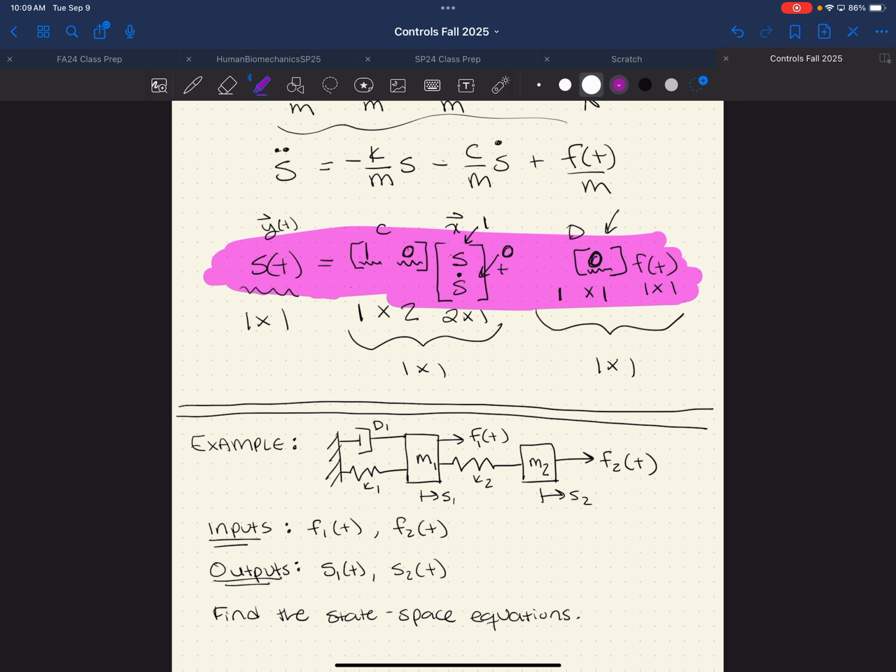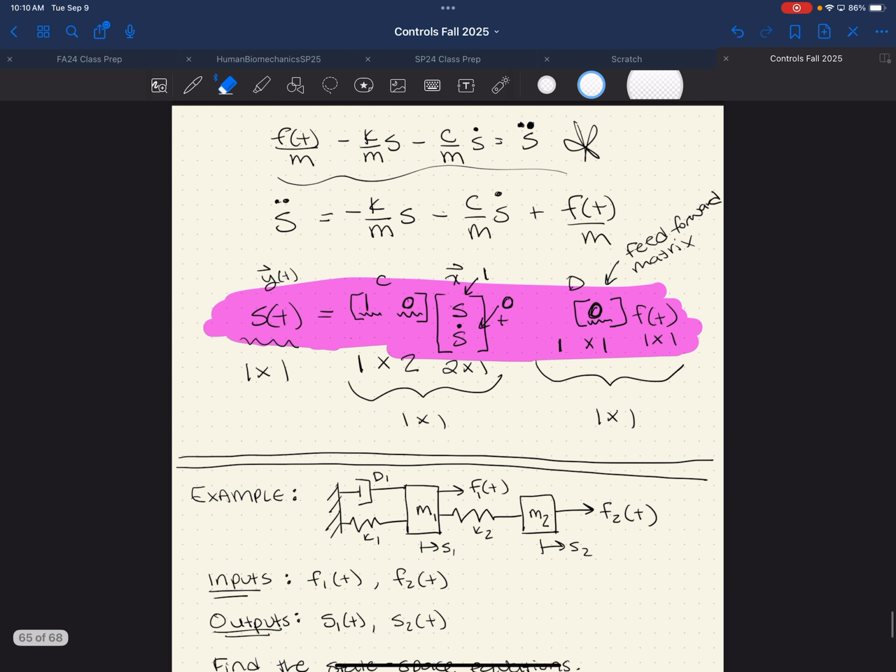So we reviewed this, I believe, last week. This is called your feed forward matrix. It allows us to say that sometimes our input has a direct result on the output. And that's not the case in this problem. In this problem, our input has to go through the dynamics of the system in order to result in an output.